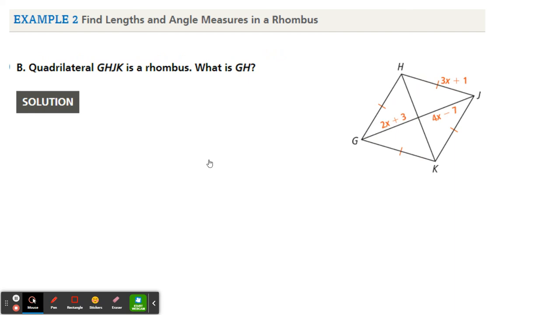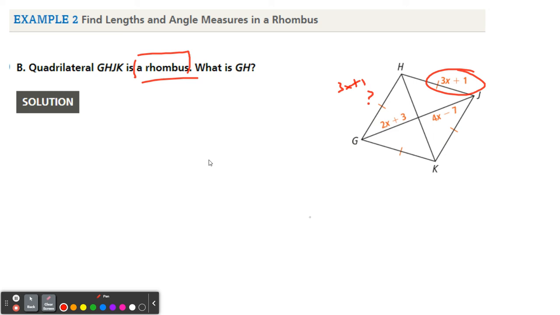And then last but not least, this one. We have another rhombus. What is the length of GH? GH is a side length. We want to know what that is. All four sides are the same, but only one side is labeled as 3x plus 1. So GH is actually equal to 3x plus 1, but I don't know the value of x.